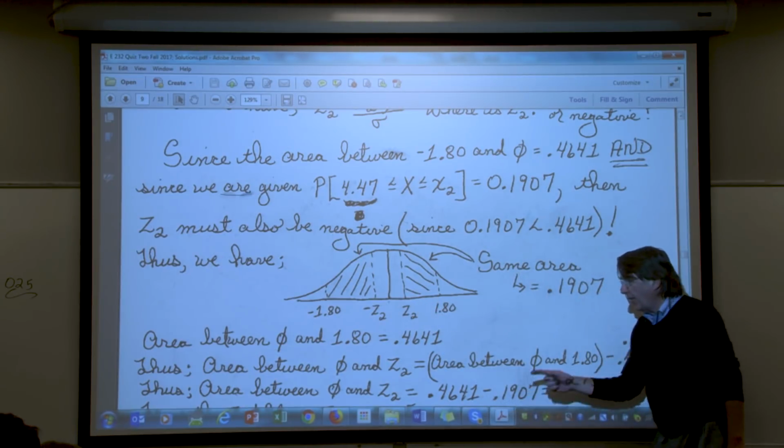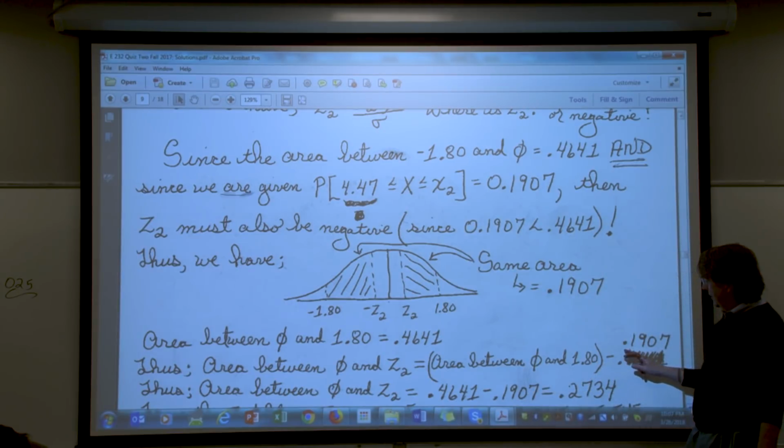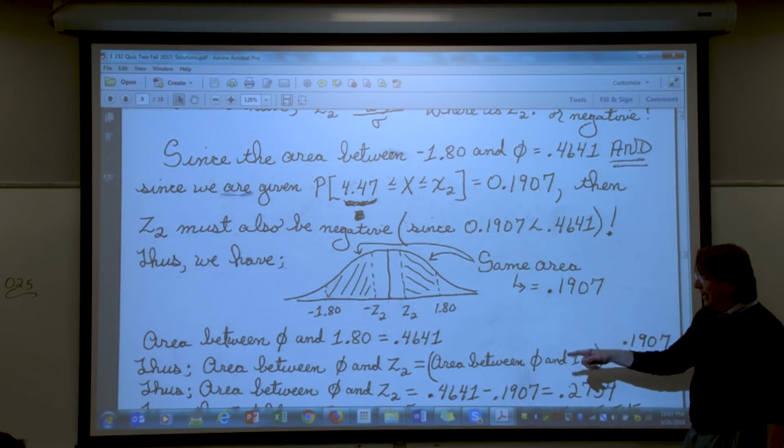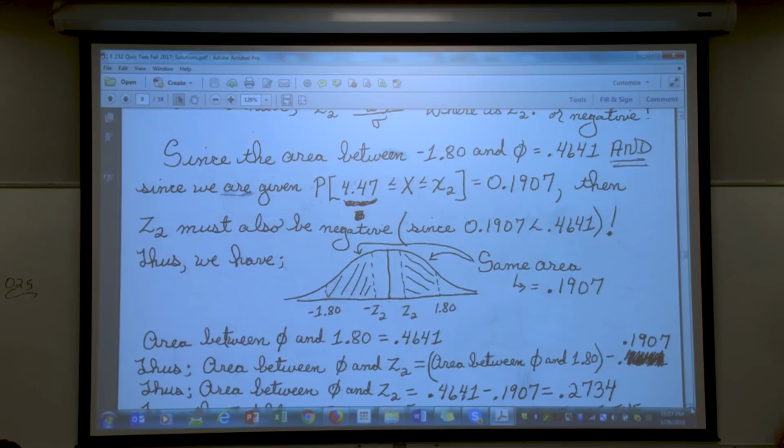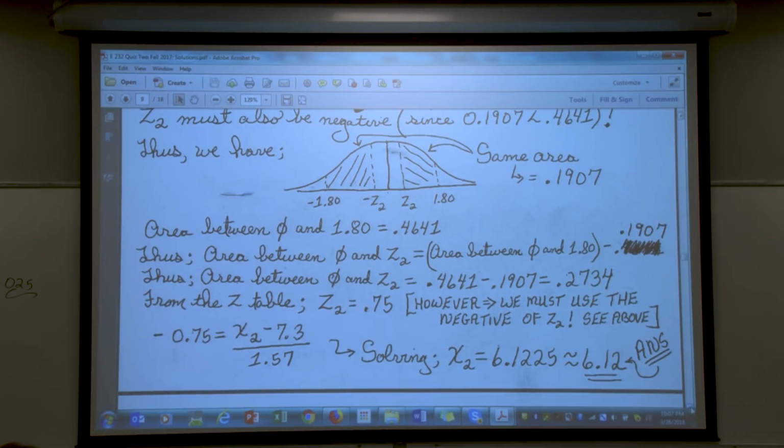So the area from 0 to 1.80 minus 0.1907 is the area between 0 and z2, which is 0.2734. From the z table, z2 is 0.75.